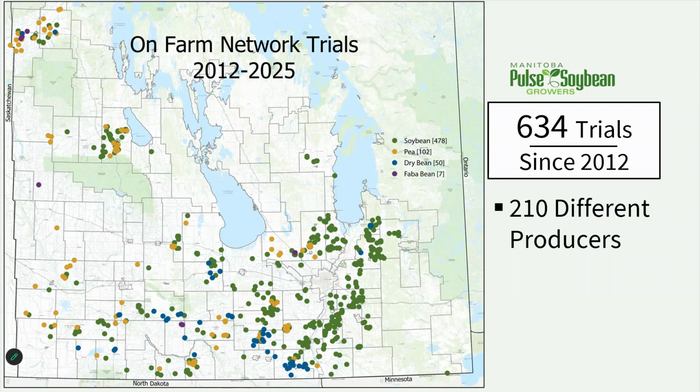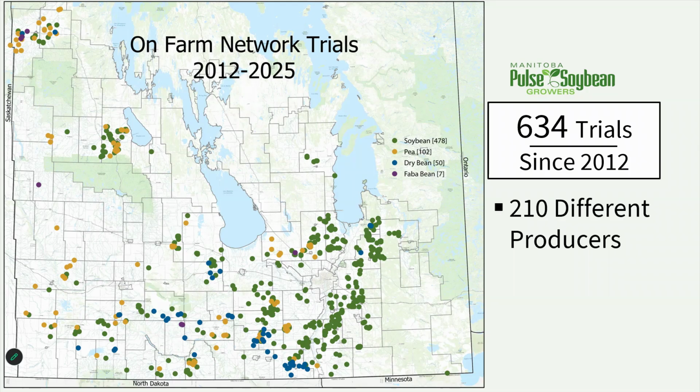Since 2012, we've had 34 trials involving 4 different crops and 210 different farmer participants. We do operate all across Agro Manitoba, but our trials are often concentrated to where the crops are most often grown.